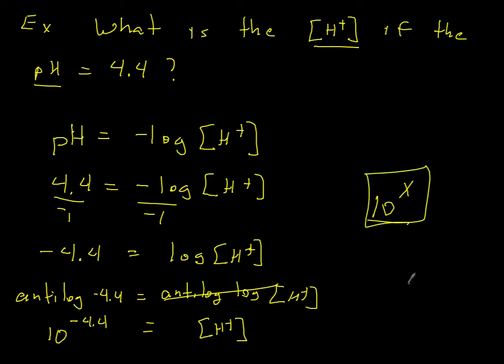That's the button you're going to push to do the anti-log. So the H concentration is equal to 10 raised to the power of the negative pH. That's what you end up getting there. So when I take the anti-log of negative 4.4, or I take 10 raised to the negative 4.4 power, I get this number in my calculator, which I'll convert to scientific notation.